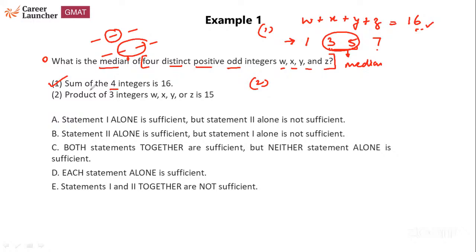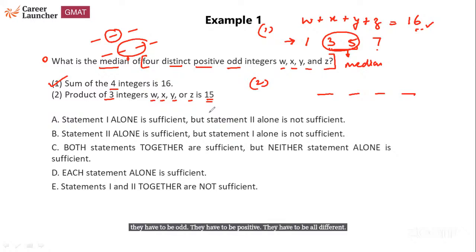Now second statement: the product of 3 integers among W, X, Y, or Z is 15. Now 4 integers are there. Out of them, the product of 3 is 15. They have to be odd, positive, and all different. That means the 3 integers must be 1, 3, and 5 in order to get a product of 15.